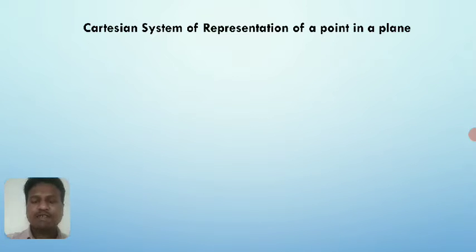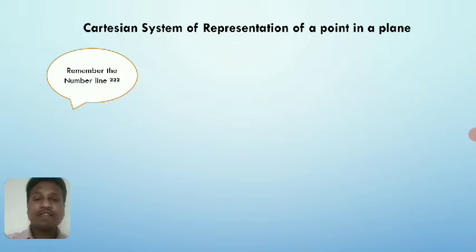What is the Cartesian system? That is the next question. Whenever we are representing a point in a given plane, we need to represent it in two or three ways. That means if it is two-dimensional, then we can use the x and y axes, and if it is three-dimensional, then we need to use the x, y and z axes. Do you remember the number line?